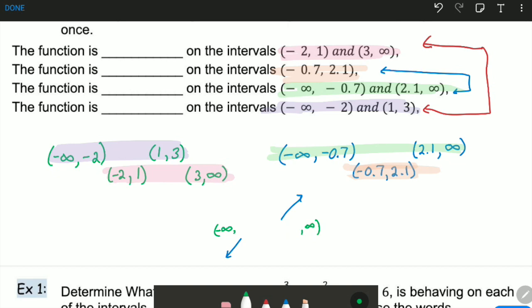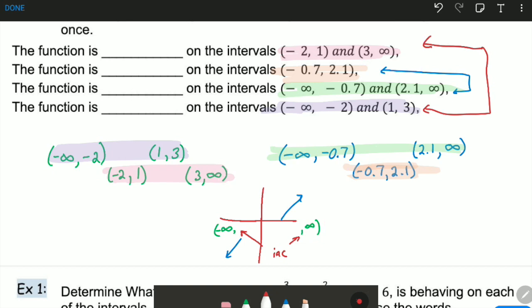Now, if I'm talking about increasing, decreasing, as I go from left to right, both endpoints would be increasing from left to right based on this end behavior that I've outlined. So I know that both infinities have to be increasing.